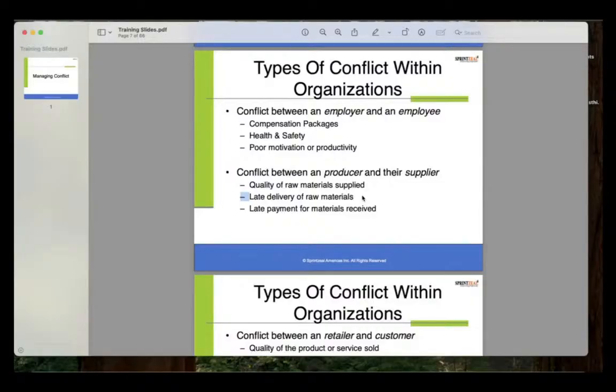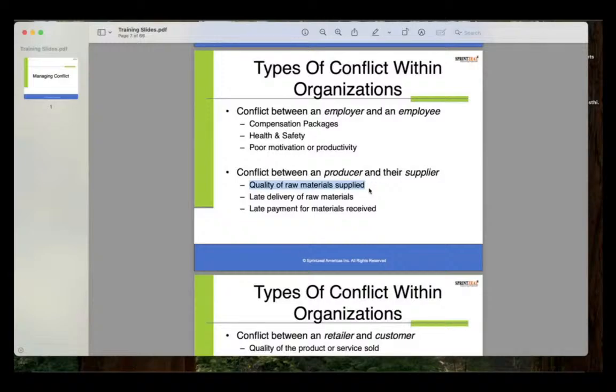In that case, if it is between a producer and a supplier, take the first one, quality of raw materials that are supplied. Just for an example, if the quality of any raw material that is supplied is not good, then there can be a conflict between the producer and the supplier. What can be the conflict?